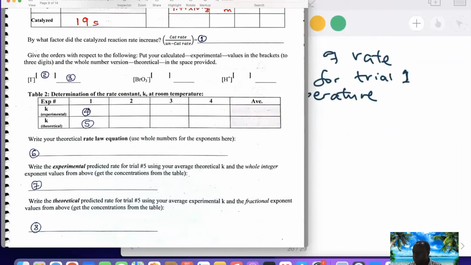For experiment 1, it's going to be rate 1, which you have, equals K1 experimental times the concentration of iodide, let's call this raised to X, times the concentration of bromate ion raised to Y, times the concentration of hydrogen ion raised to Z.